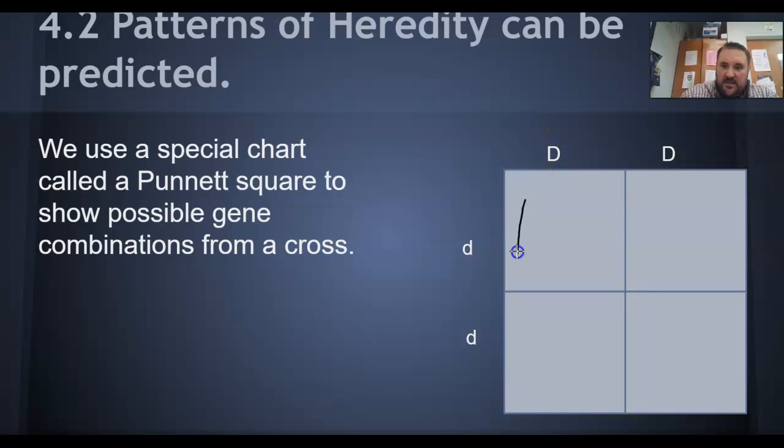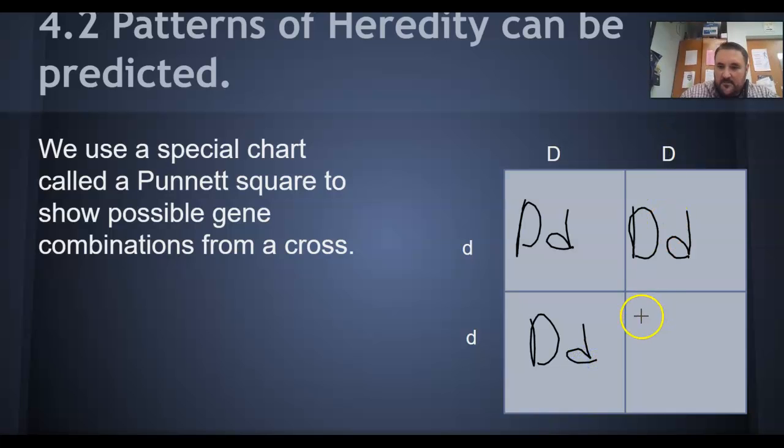So you bring one down, D, bring one over, little d. Bring one down, bring it over. Down, over, down, over. You always write the dominant first. All of these are heterozygous.